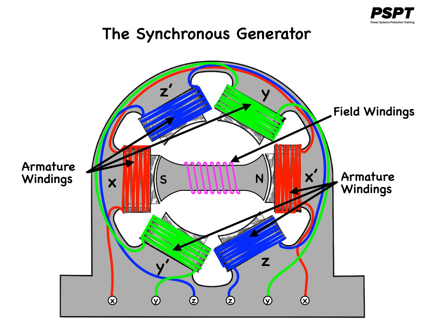For synchronous machines, the field windings are on the rotor, so the terms rotor windings and field windings are used interchangeably. Similarly, the terms stator windings and armature windings are used interchangeably.